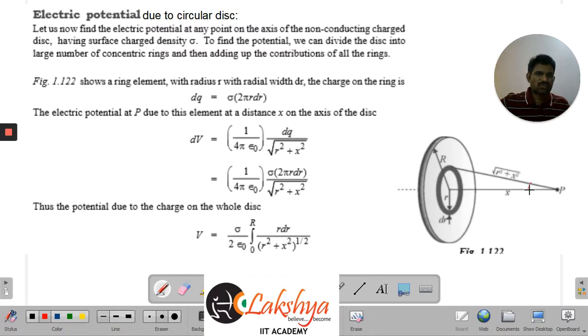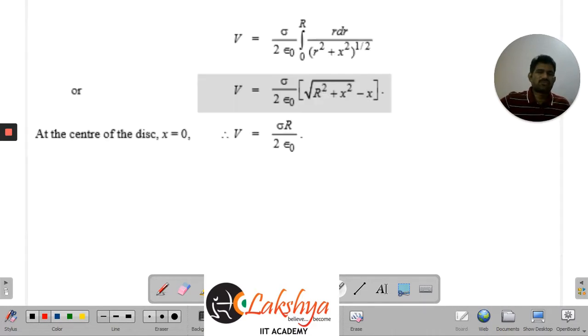Just consider this angle as theta. If I consider that angle as theta, then r is equal to x tan theta. From this you can write dr as x secant square theta d theta. Substituting these values here, you can do the further simplifications.